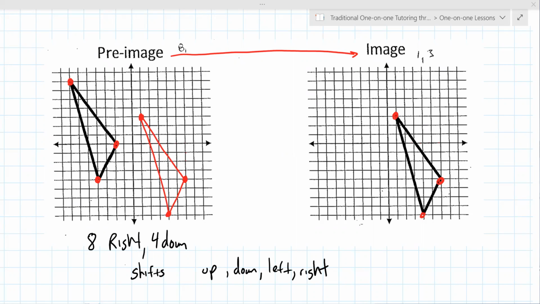Okay, so let me try to find one that's a little more complicated. Oh boy. These are not done very often.